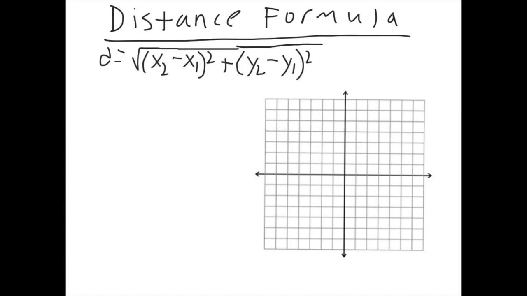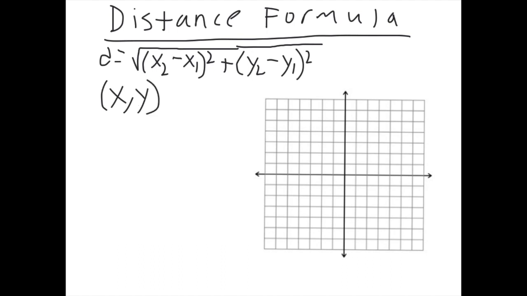So the distance formula is that d, distance, between 2 points is the square root of x2 minus x1 squared plus y2 minus y1 squared. So remember that in a coordinate plane, points are named x, y.